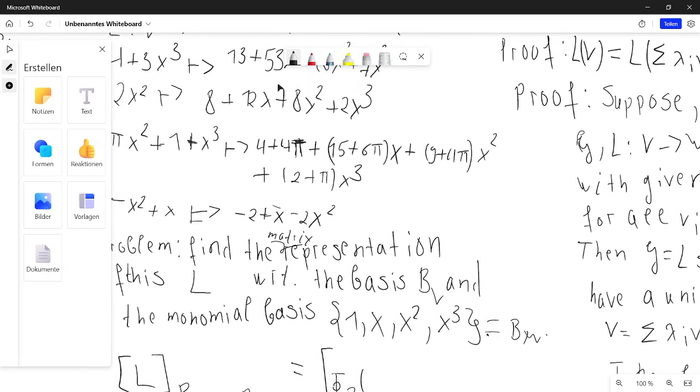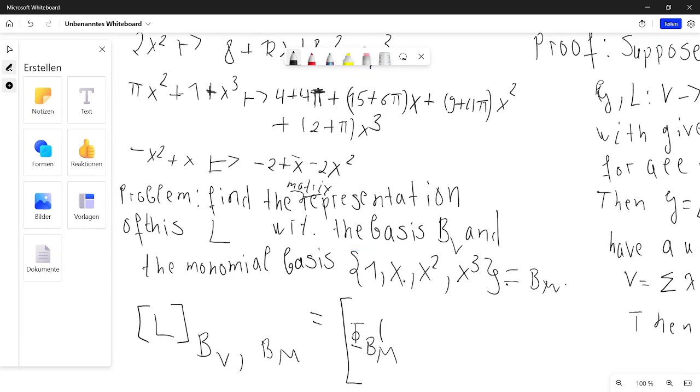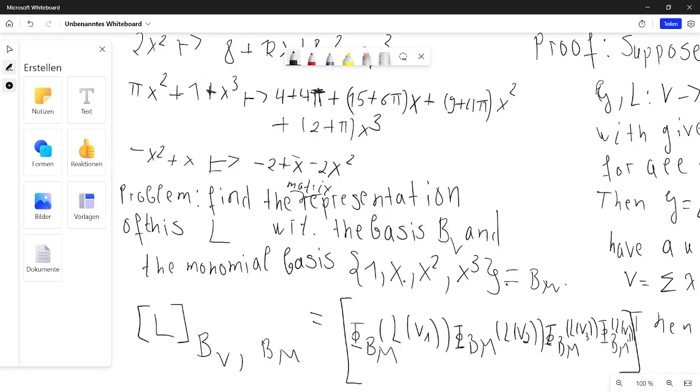It's lengthy to write, but let's write it like this: L of V1, L of V2, L of V3, L of V4. Here we have coordinate vectors, of course, not L itself. Right, and this is this matrix.